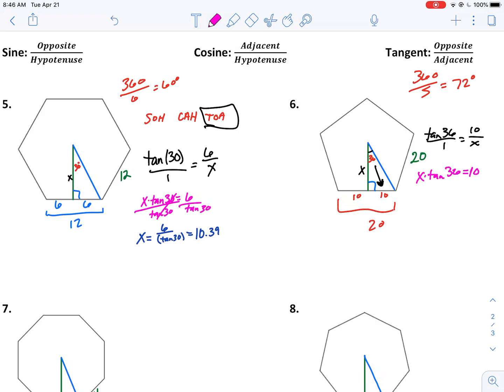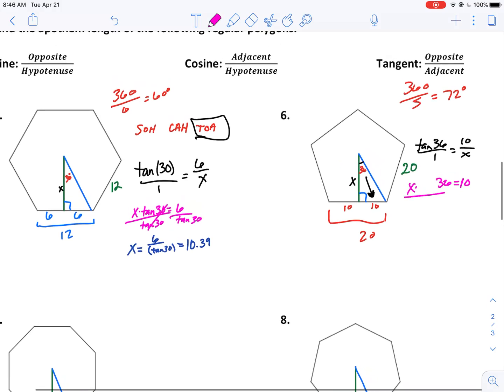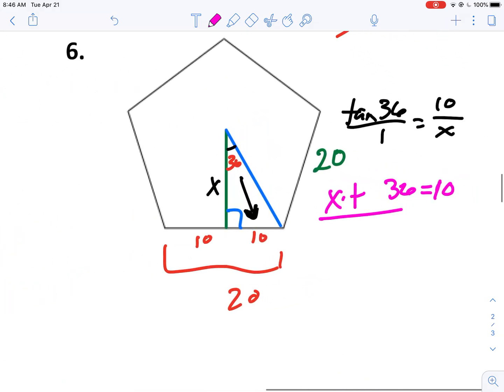So tangent of 36 over 1 equals opposite over adjacent. And then we can cross multiply: x times the tangent of 36 equals 10.